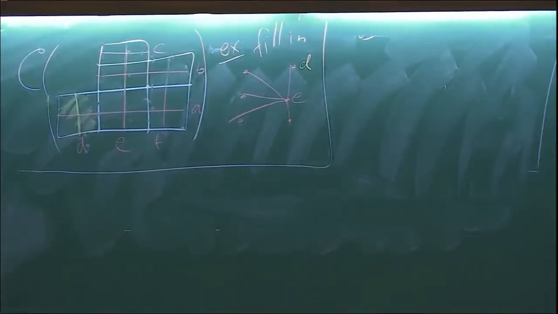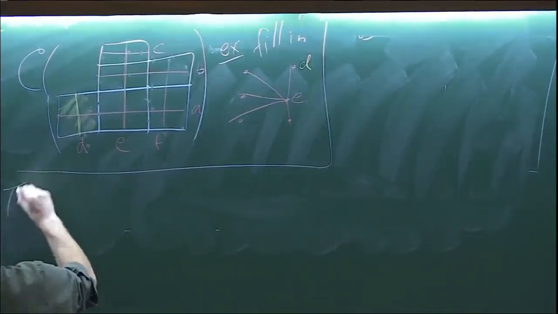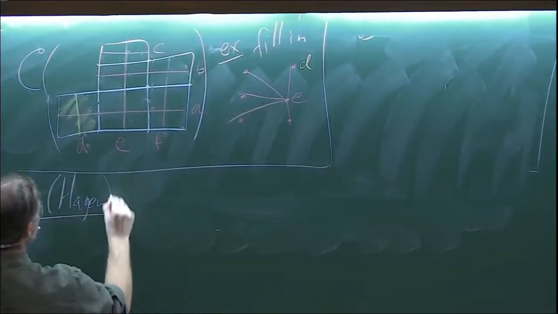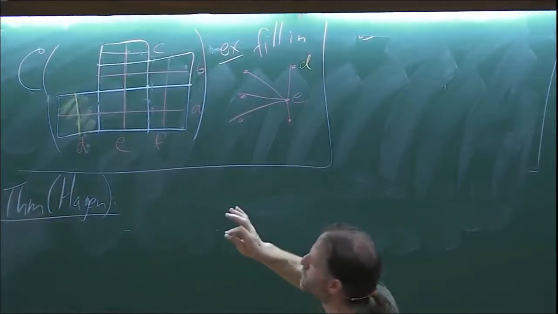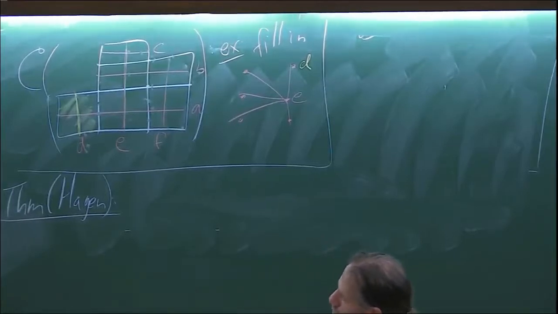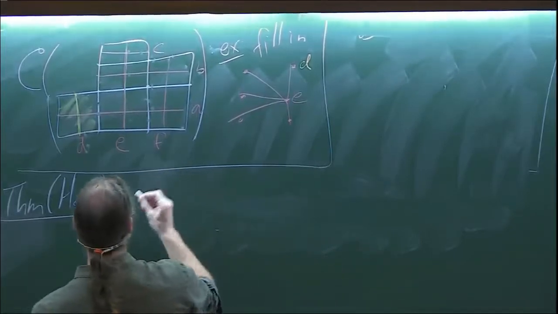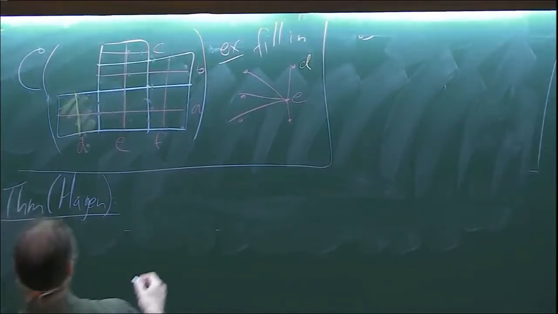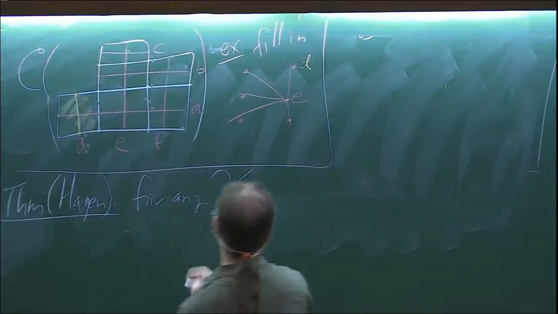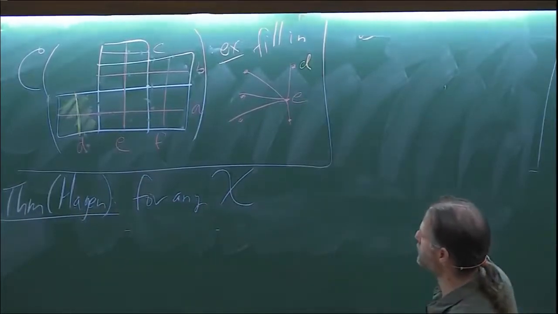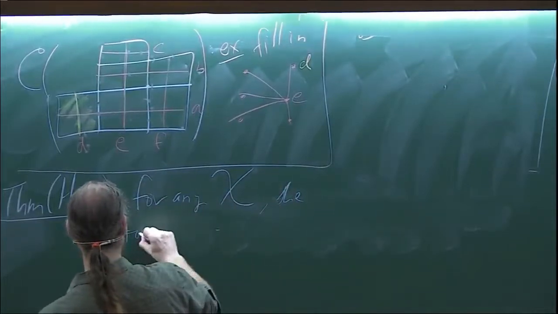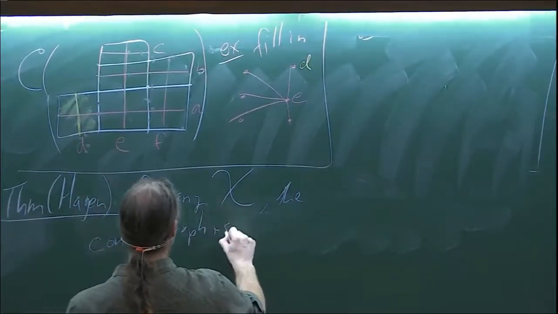Okay, so here's a theorem of Mark Hagen's. He was interested in these in his thesis, and he proved that for any CAT(0) cube complex X, the contact graph is a quasi-tree.